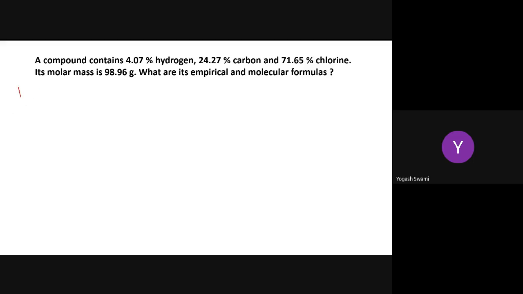First, we note down which elements are given. So the elements given are hydrogen, next one is carbon, and next one is chlorine.